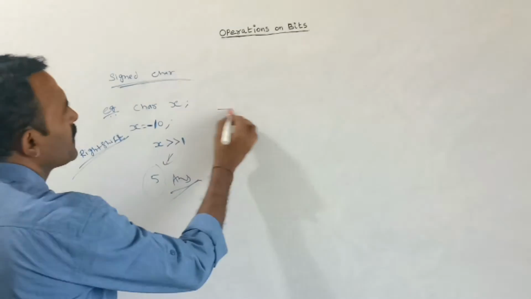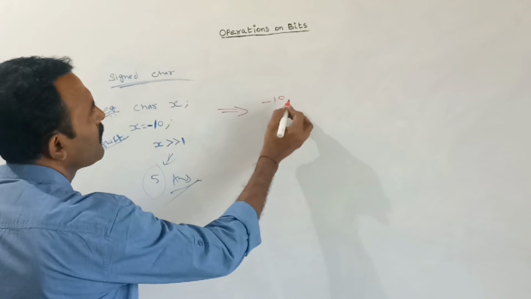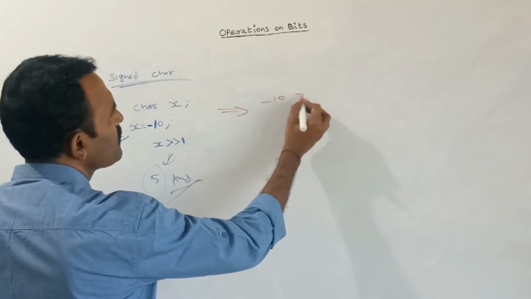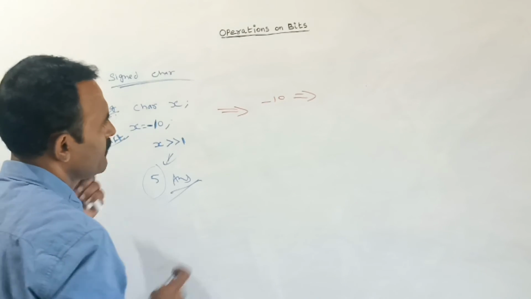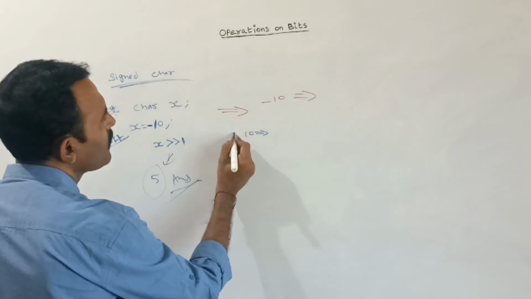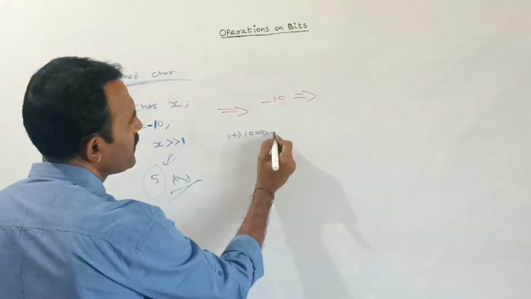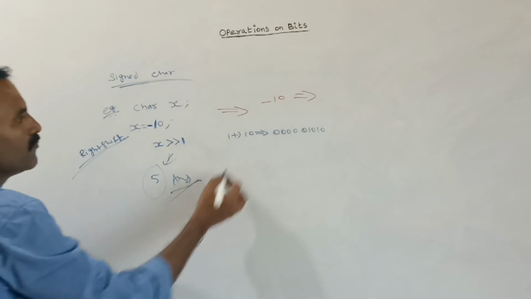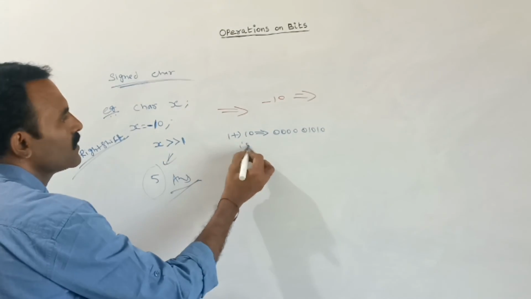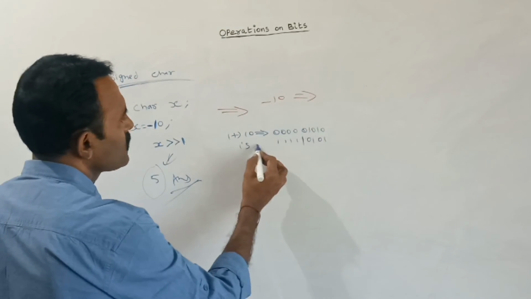For minus 10, the binary value is: first you take the plus 10 binary value, that is the positive binary value. Now take the 1's complement. So this is the 1's complement value.